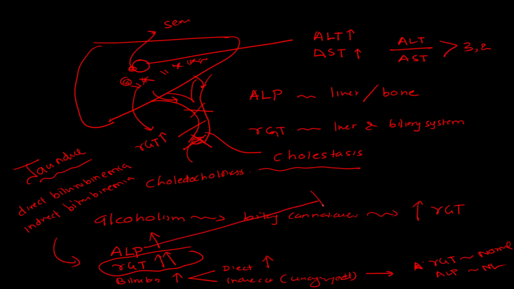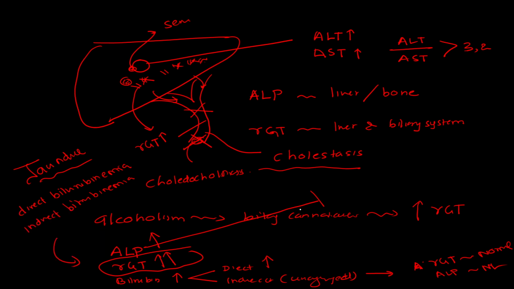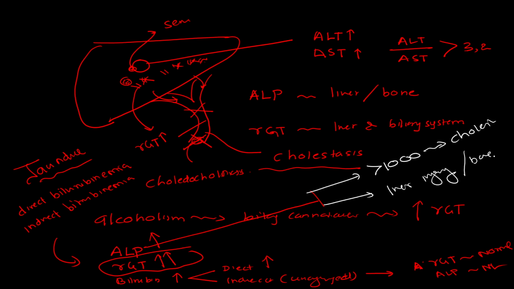Again, ALP can be quantified. With the quantity, you can come to a conclusion. Usually something more than 1,000 will signify a possibility of a cholestasis or obstruction, and something in between 100 to 1,000 could be due to some sort of a liver injury or even bone.